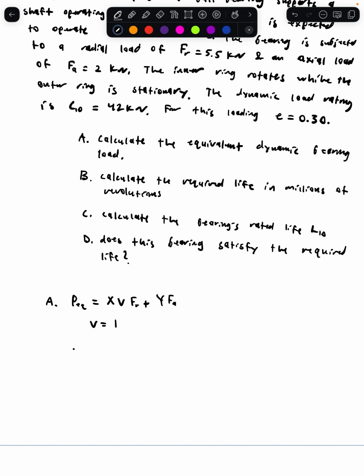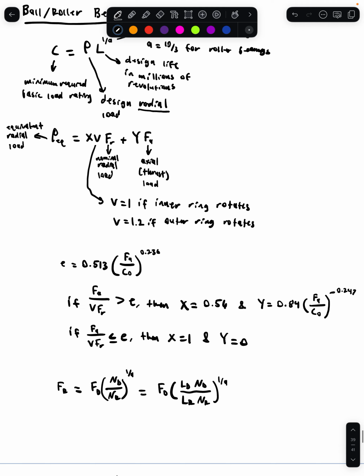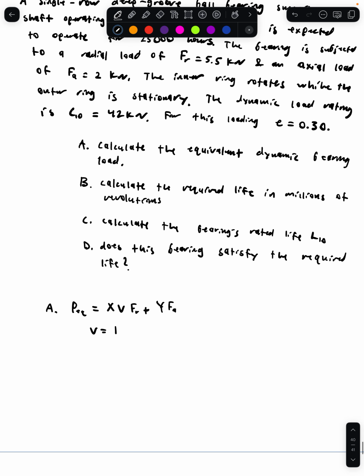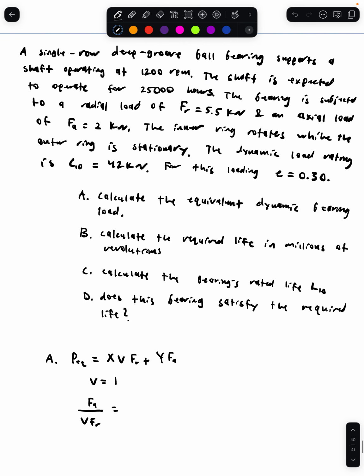So now let's try to figure out which one of these two cases we're going to be in. So F sub A divided by V times F sub R is, what is our axial load, 2, divided by 1 times 5.5.